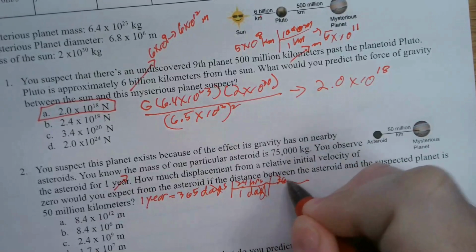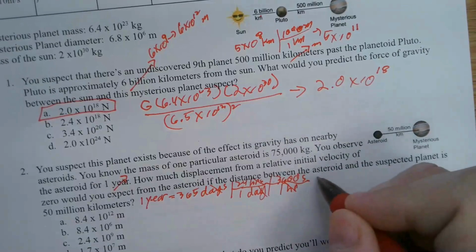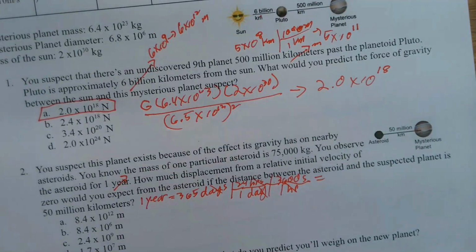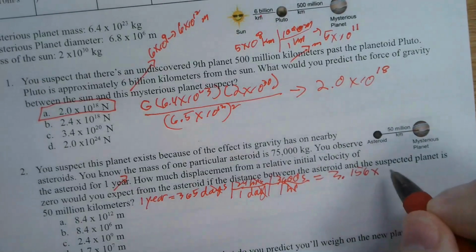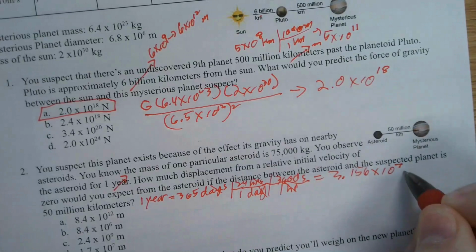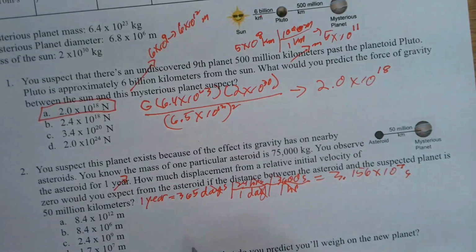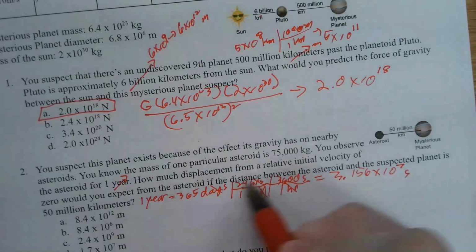Times 3,600 seconds in 1 hour. Hours cancel out. And I am left with 3.156 times 10 to the 7th. That's seconds. That's how many seconds there are in a year. All right. Now let's continue reading.